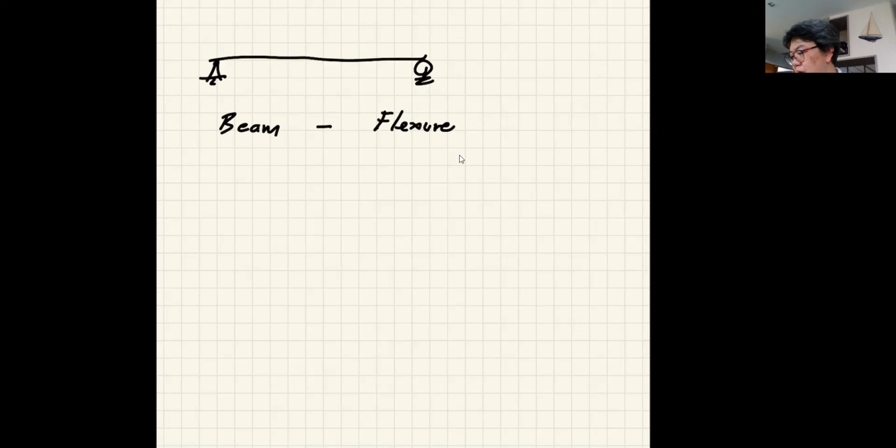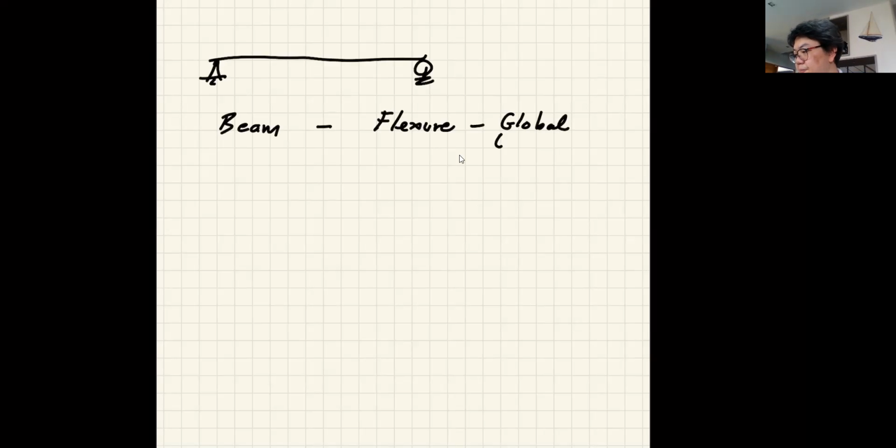And in flexure, you have the global buckling. But this time you have learned only one condition, that is your beam is sufficiently laterally braced.